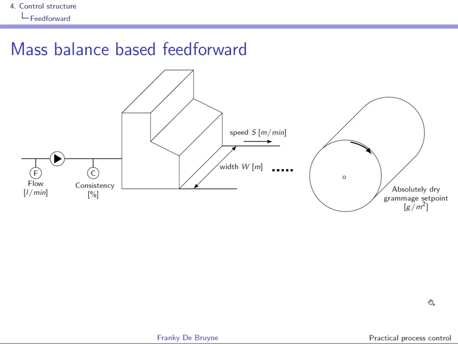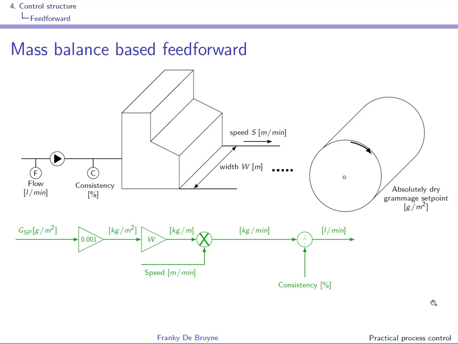You will see that the process engineers and the operators are capable within seconds to compute the stock flow that is needed to produce a paper with a certain grammage. What they do is use a mass balance, and we can use the idea for feedforward. It is actually rather easy to compute how many kilos of fiber per minute you have to put on the wire at the beginning of the machine.